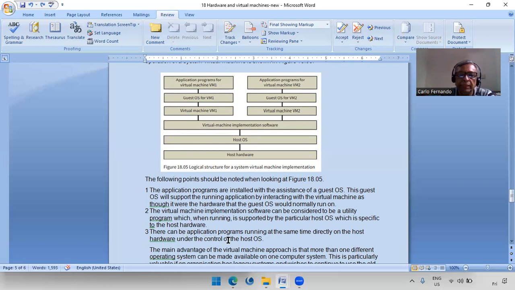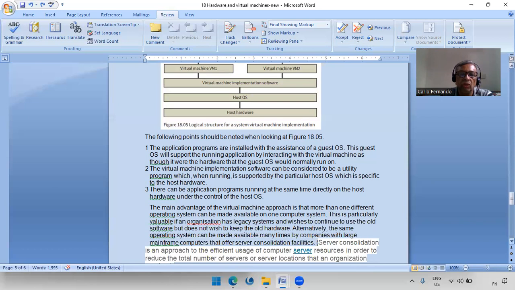Thirdly, there can be application programs running at the same time directly on the host hardware under the control of the host OS. So here also there can be applications running.